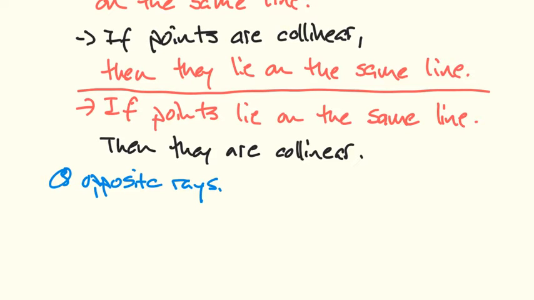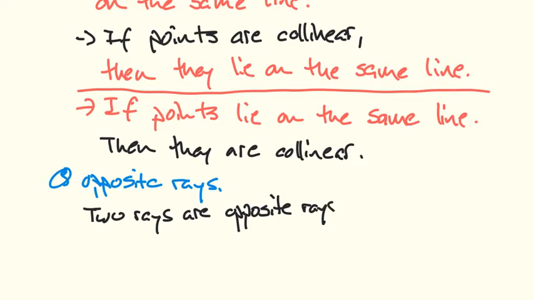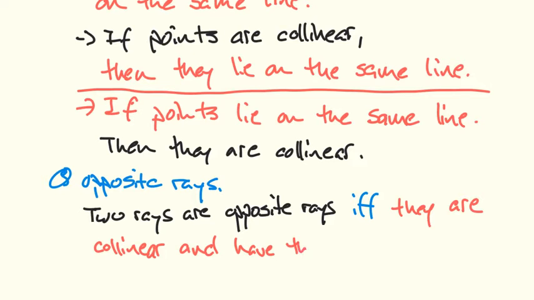So our definition of opposite rays is: two rays are opposite rays if and only if they are collinear and have the same endpoint.